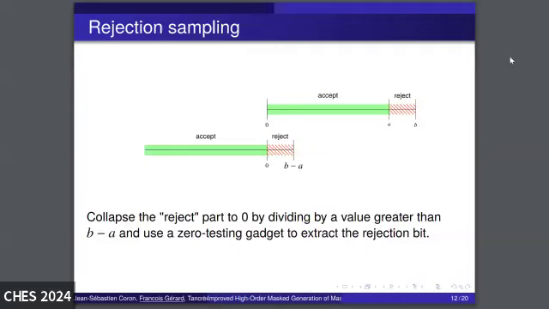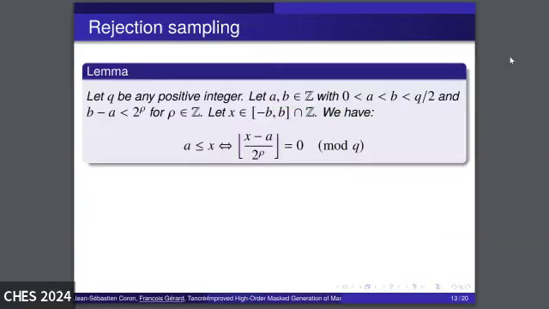The only problem is that we don't know how to divide by b minus a, but the good news is that you can divide by a bigger interval. Because if you divide by something bigger, surely the other values will be sent to 0, but we know by definition that we cannot have values that are bigger than b. So actually what we will do is divide by the first power of 2 that is bigger than the interval, so bigger than b minus a.